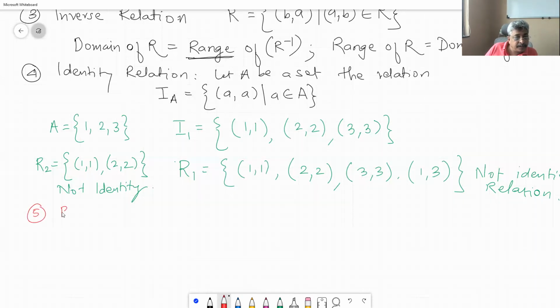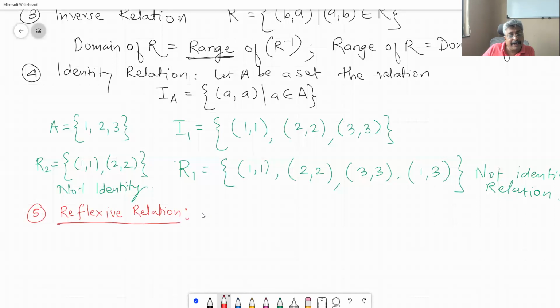Reflexive relation. Okay. Let me write down the technically correct definition.